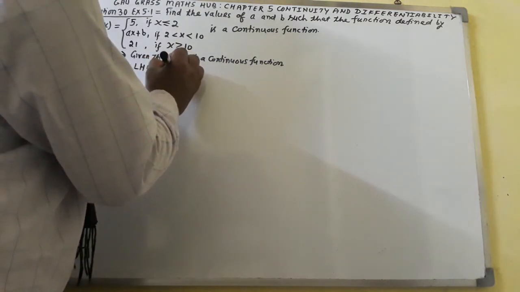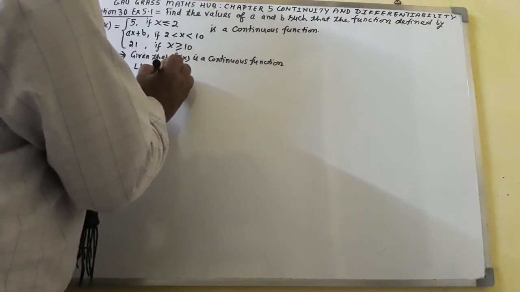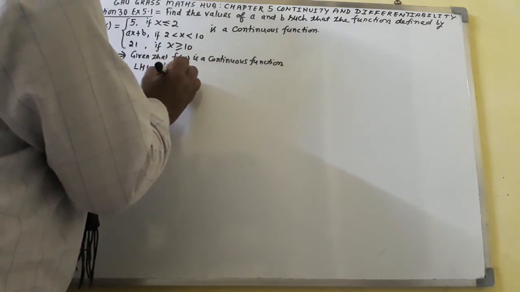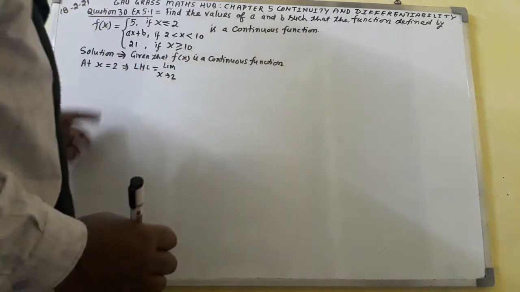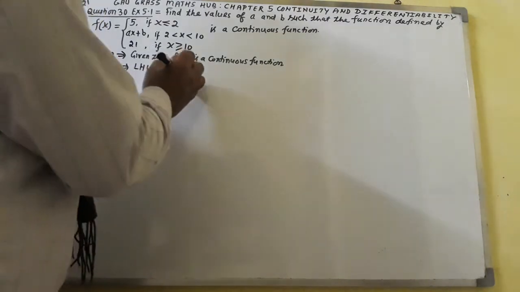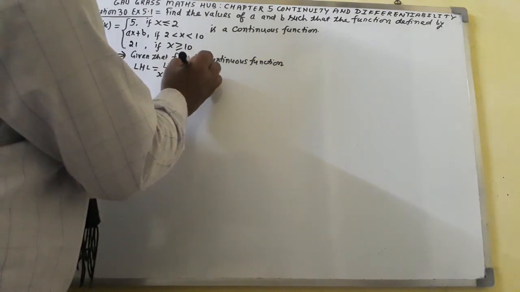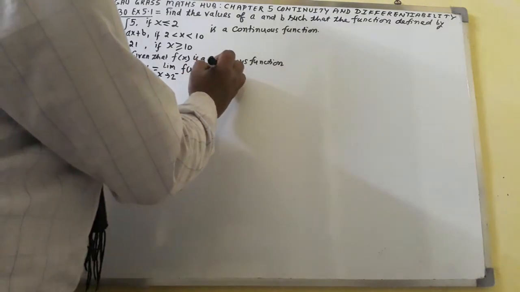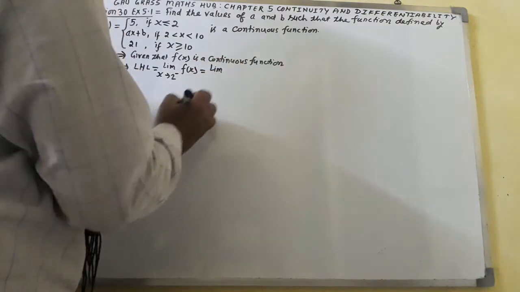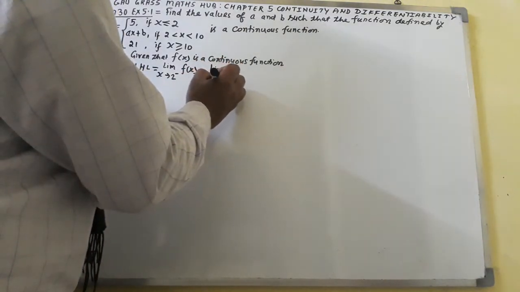Here x equal to 2 is given. In this case, the left hand limit, limit x tends to 2 negative of f of x. Since left is written, I shall write negative.